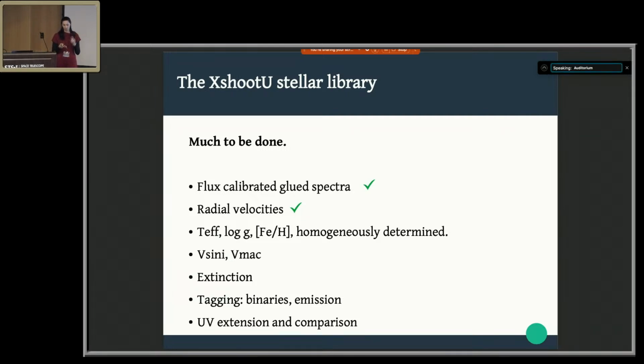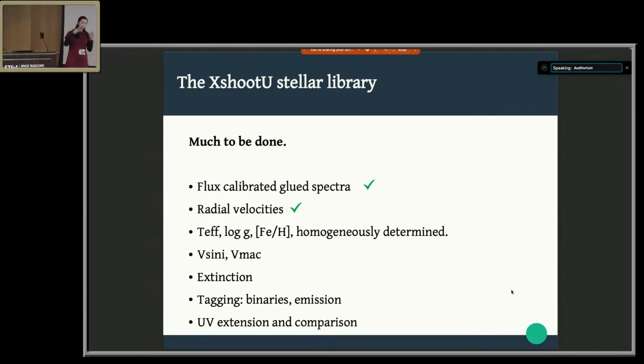It needs temperature, gravity, metallicity, abundances, extinction. I need to say which ones are binaries and which ones are not, because despite trying to avoid binaries in the Ulysses program, actually many of them are binaries, and I have to remove them from the sample, or at least tag them so people can know which one is binary and which one is not. We have to remove nebular emission lines. We want only the stellar effects.